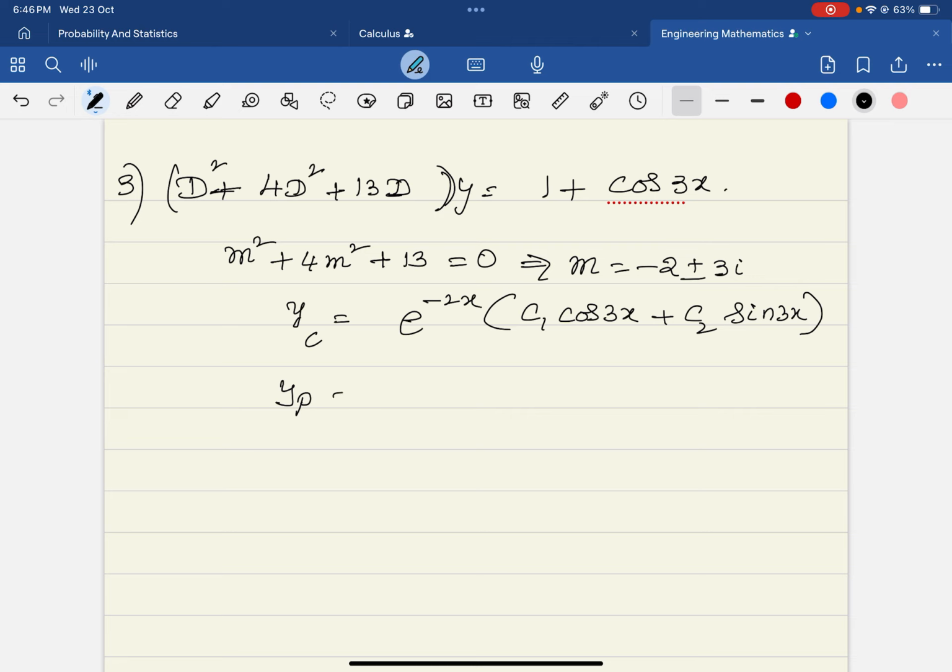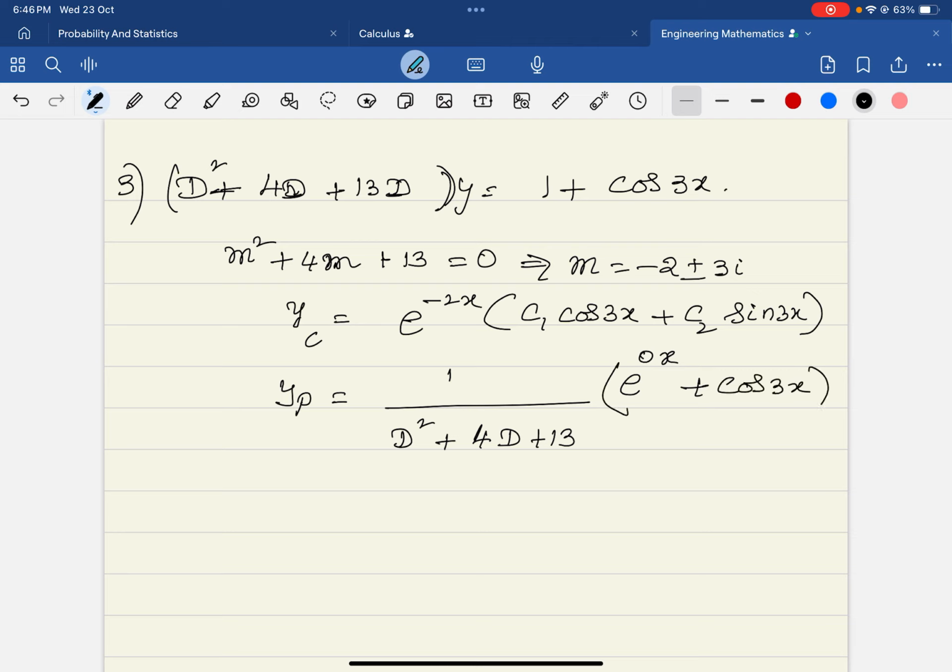And now you have to find yp. That is 1 over d square plus 4d plus 13 times of, now I will write this as e power 0x plus cosine 3x. The 1 can be written as e raised to 0x, so that it is form 1, and this is form 2. Let us split this now.